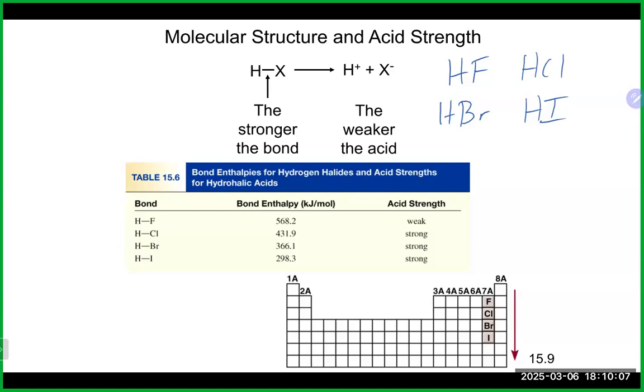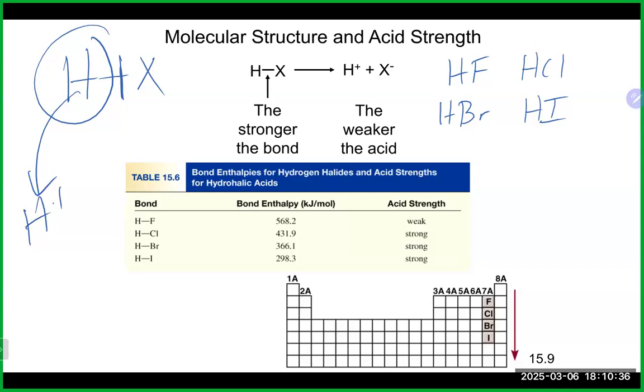And it's actually not. When we're dealing with this type of acid, we actually look at bond energy or bond enthalpy. You might have talked about it when you did bonding last semester, breaking bonds, making bonds. There's a certain amount of energy required to break a bond. Now, why is that important? Well, what is the definition of an acid? It is the ability to release that H plus into solution, right?